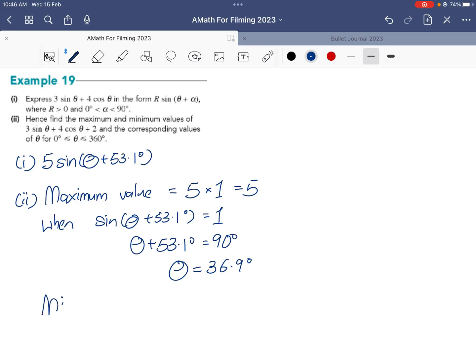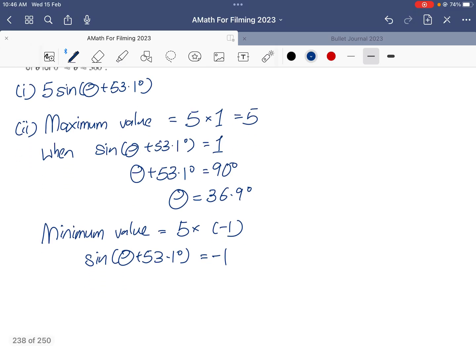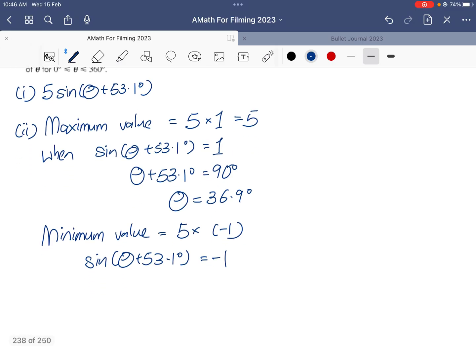Similarly, my minimum value is equal to 5 times negative 1. So this is when sine of theta plus 53.1 degrees equals negative 1. For the sine graph, where does negative 1 actually occur? It occurs at 270 degrees.